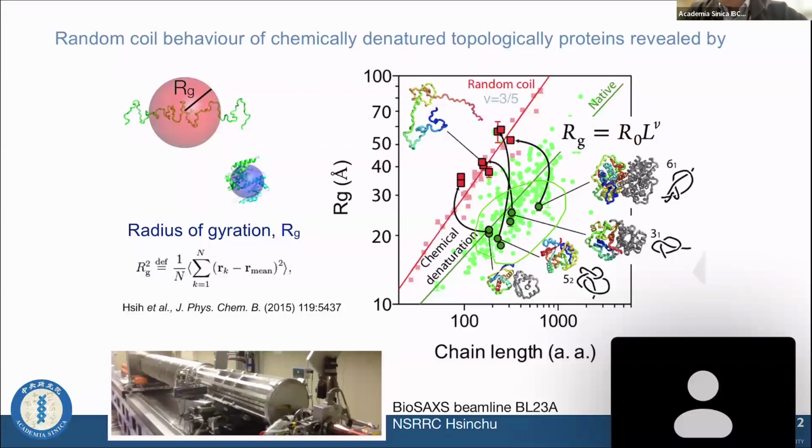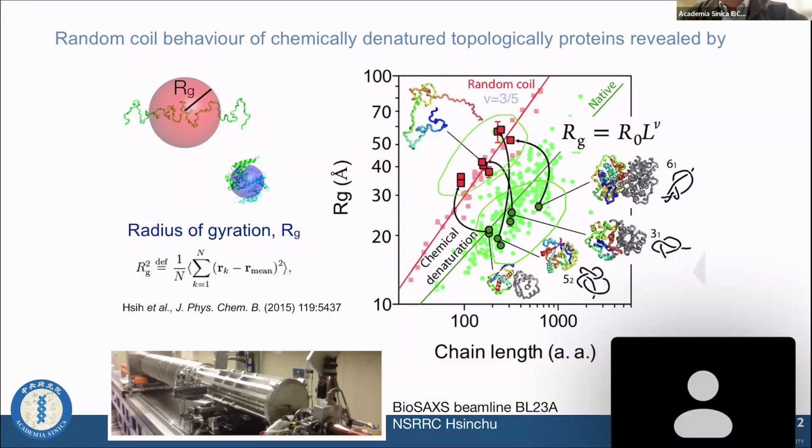We can also denature the protein with chemicals, and then you will see the expansion of the global dimension of these knotty proteins. And curiously, these knotty proteins also show a similar trend, following the random coil behavior as predicted by polymer theory.